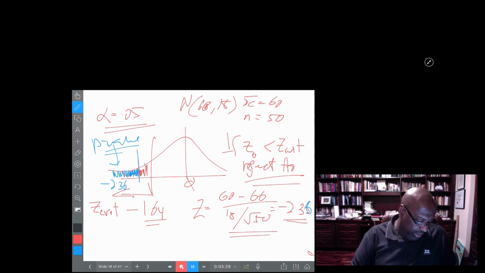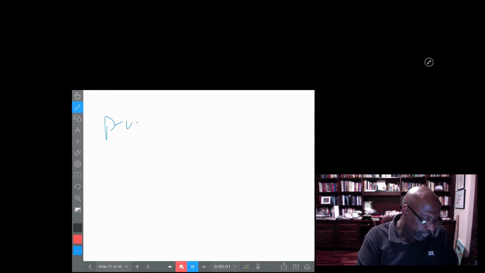So my p-value, for a one-tailed test, is the probability of z less than or equal to negative 2.36.